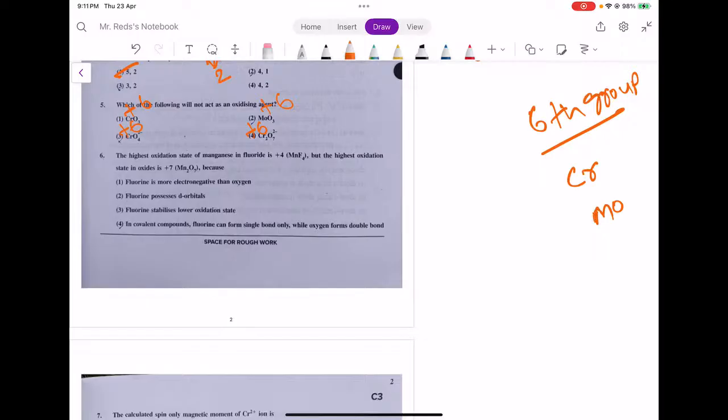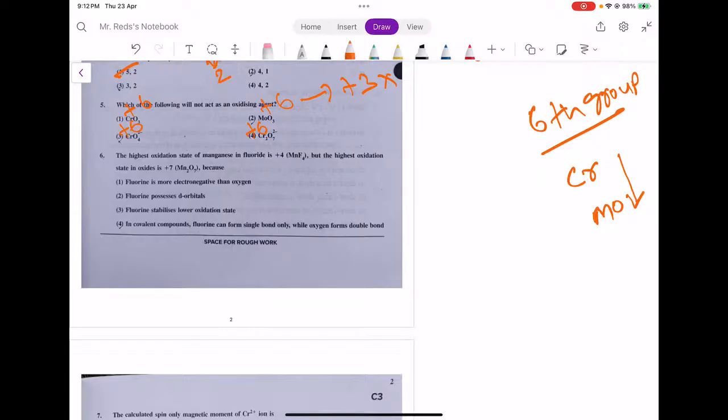Students, going down the group, stability of oxides increases. Stability increases means that the compound won't react, the oxidation state does not change, it does not change to plus 3. Why? Because of the high stability of MoO3, molybdenum trioxide.